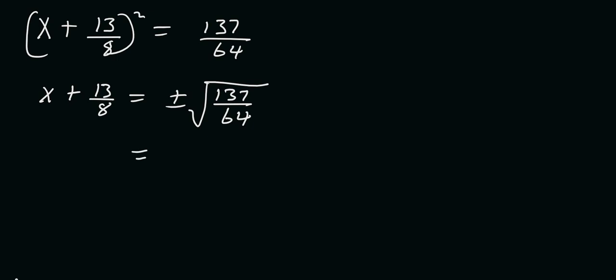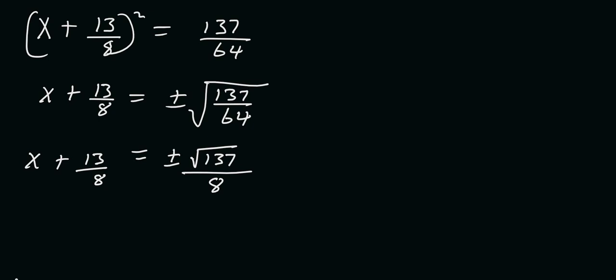And you know, 137 is not a perfect square, so we can keep the square root on 137, and the 64 is a perfect square, so that gives us 8. So the square root of 64 is 8. So now x plus 13 over 8 is equal to plus or minus the square root of 137 over 8.